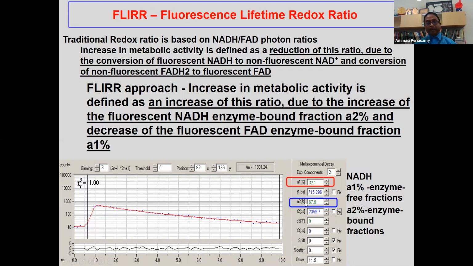We directly pick these from the SPC image data from Becker and Hickl, and then we ratio those images after segmentation. There is nothing wrong with the intensity-based approach, but this approach avoids all the intensity artifacts, particularly in tissue and live animals. When we did the live animal work, that is where we found out that there is an issue with the intensity-based ratio. I will show you.